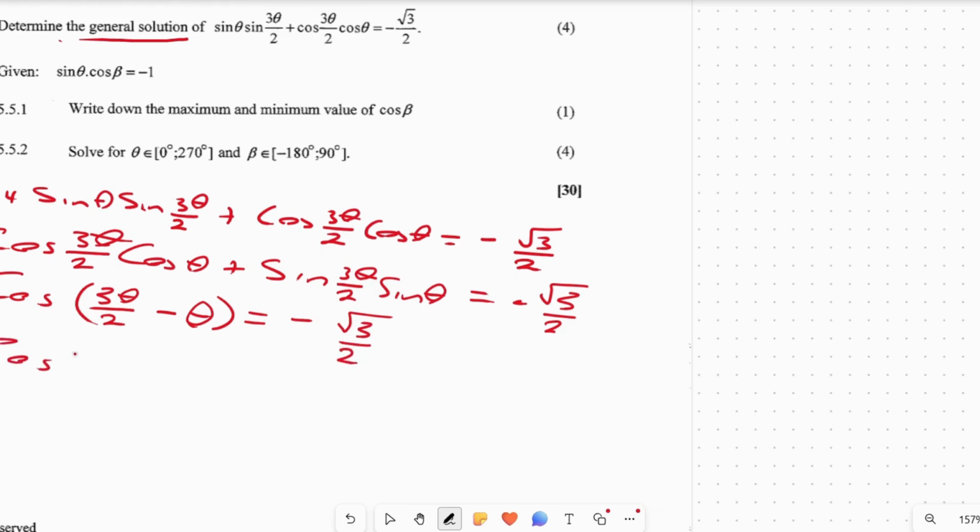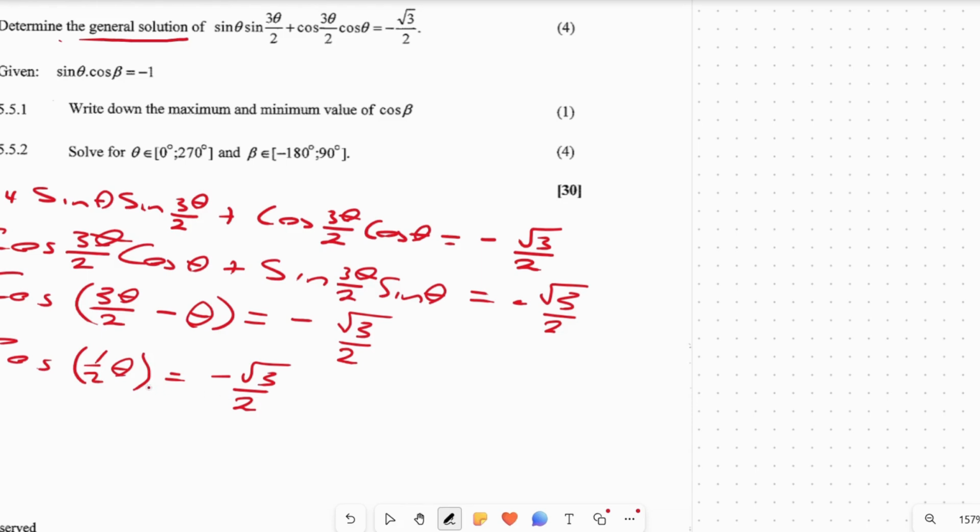Then this is the same thing as cos of 1 over 2 theta equal to negative root 3 over 2.